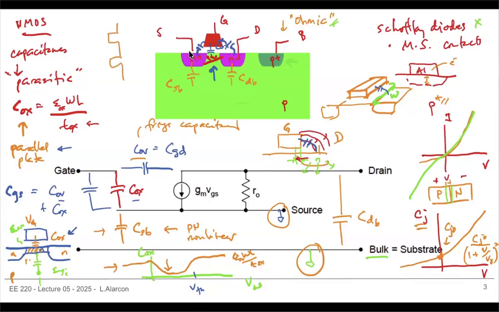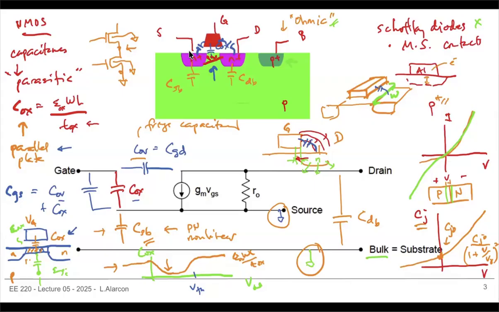So this source, let's say, is connected to ground, but this source is not connected to ground. If it's not connected to ground, then you can feel the effects of that source to bulk capacitance. Even if the bulks are connected to ground, you will still get some capacitance over there, just because the source is not going to be grounded.